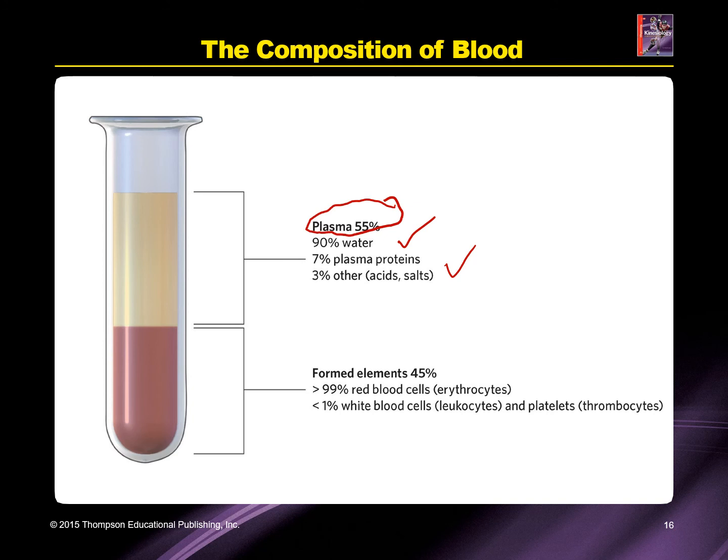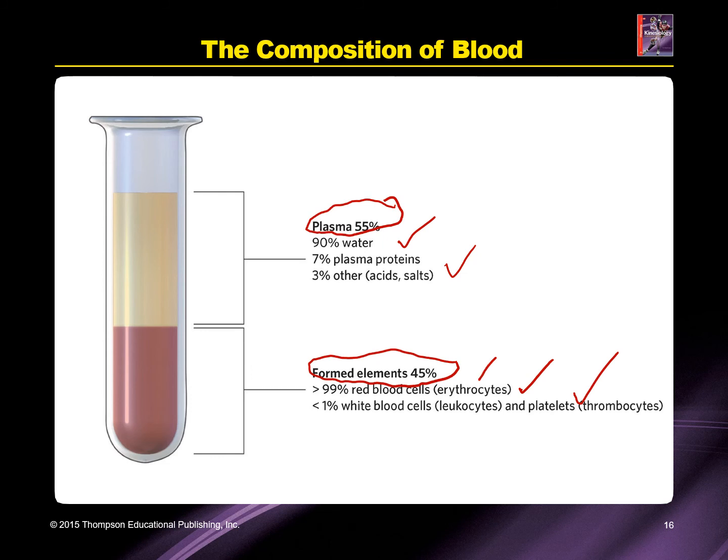And then 45% of your blood is formed elements, okay? Of those formed elements, 99% are your red blood cells. And about 1% is white blood cells, otherwise known as leukocytes, and platelets.